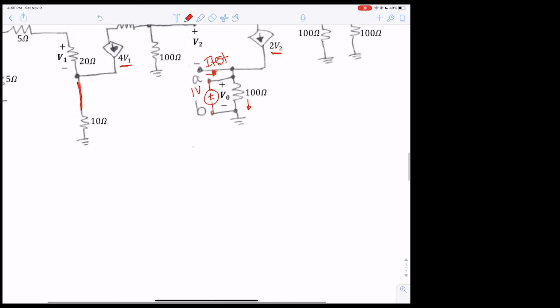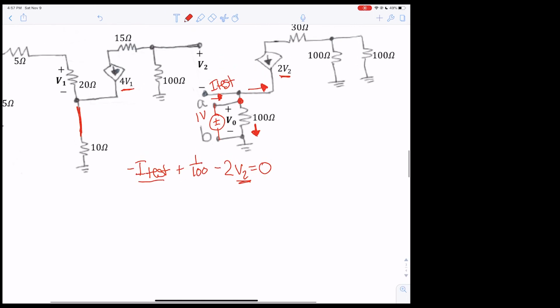And now I can write a node voltage equation right there. So I have a minus I-test. And this current is 1 over 100, 1 because of the 1 volt that I put on. And then the current in this branch is a negative 2V2 equals 0. So I have I-test as an unknown and V2 is an unknown. And I'm going to go back and take V2.